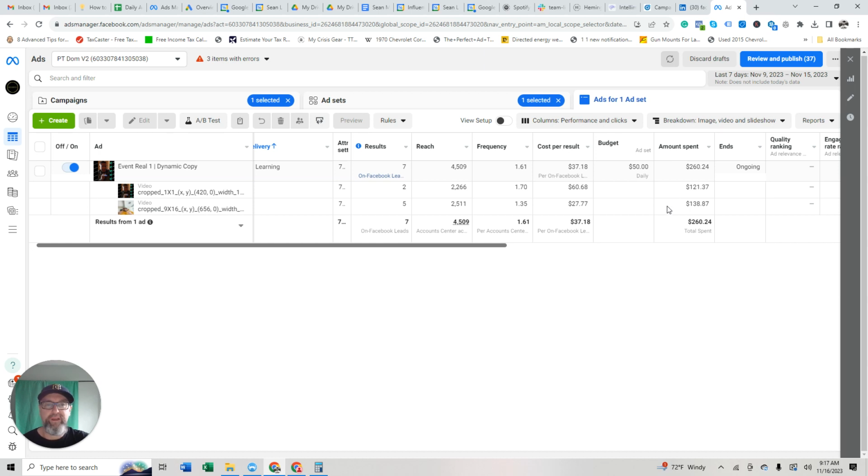Now you might be wondering, why is this getting so much spend if it's more than double the CPA? The reason is that the Facebook algorithm believes that it's still got some potential, and it probably can drive the CPAs down.